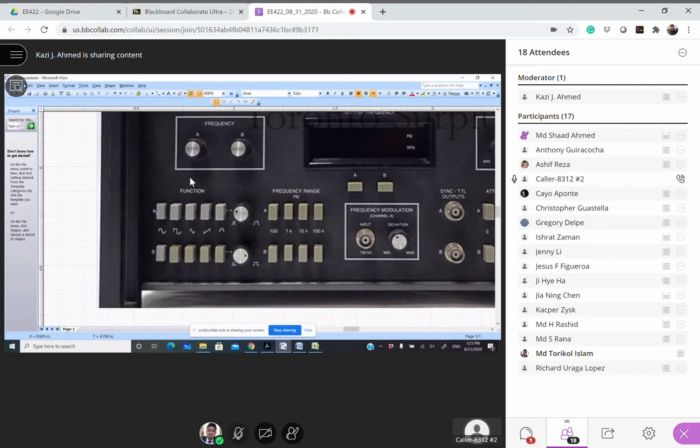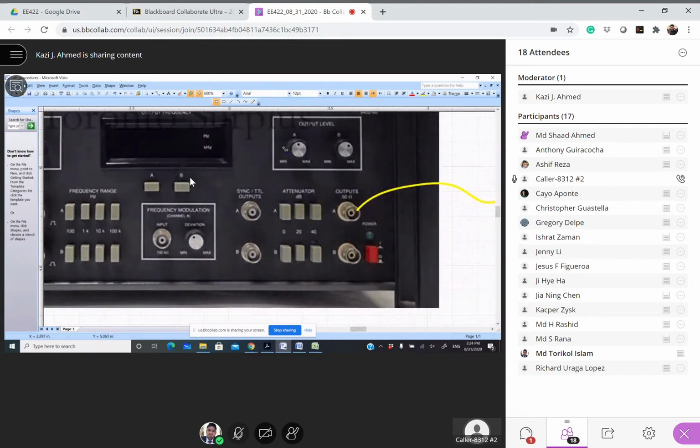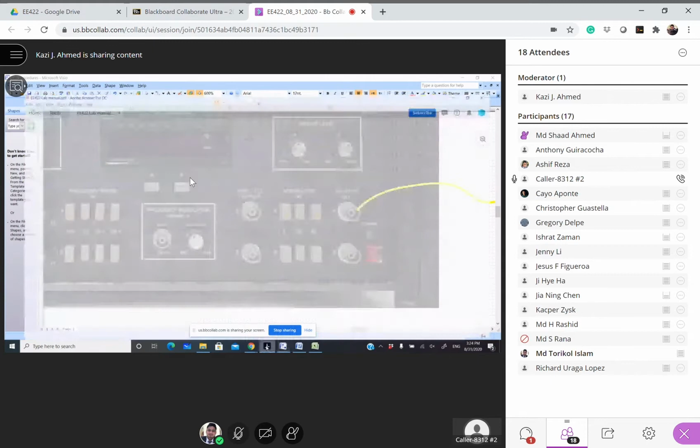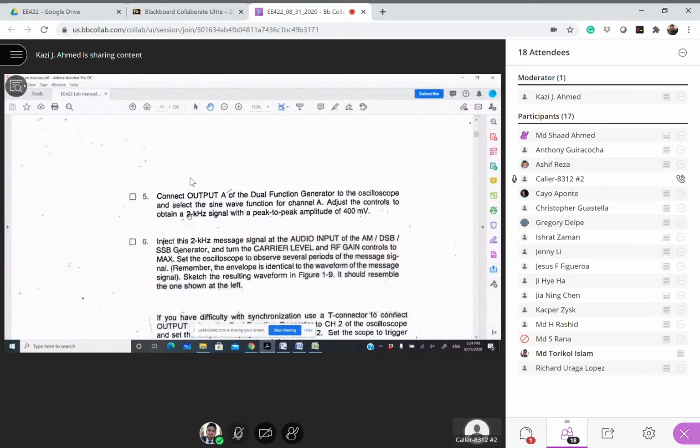If you press this button, then the output will come as a sine wave. Now you change the frequency by using this knob, and you change the amplitude by using this knob, right? So what we need is a 2 kilohertz frequency and peak to peak 400 millivolts.